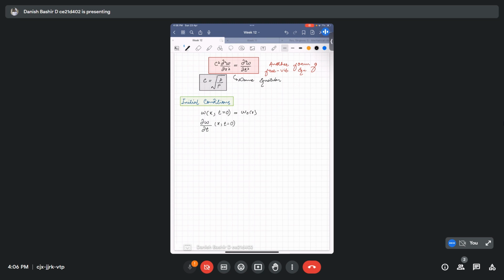The velocity imparted in the string is represented by w dot naught of x. These are the initial conditions. This is the notation, in fact.